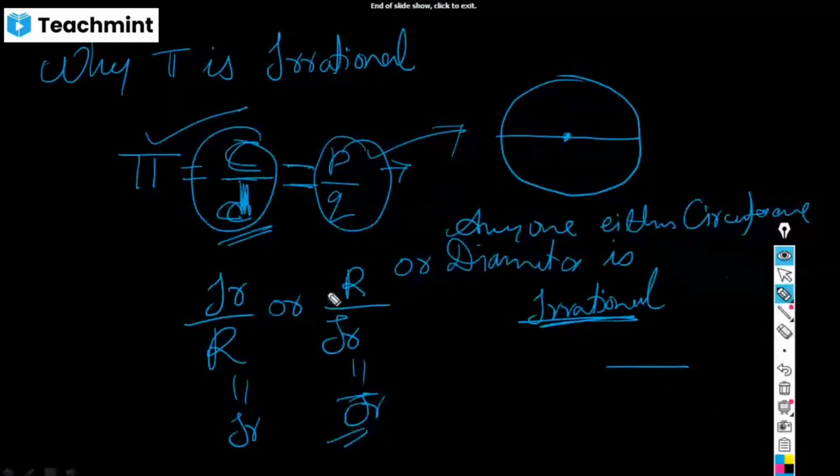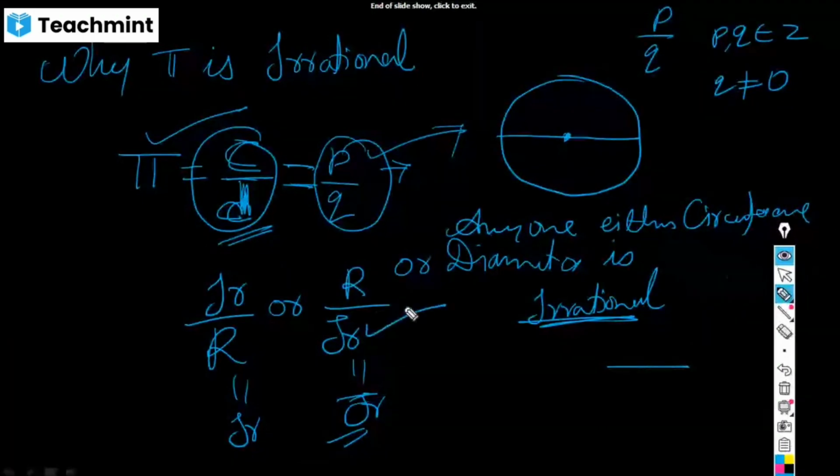So when we say p by q is rational, here p and q are integers, and q is not equal to 0. But here, among p or q, any one of them is irrational. So when any one is irrational, we lose the definition of a rational number.